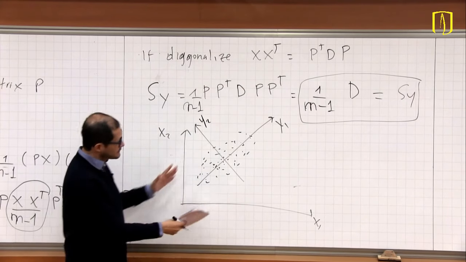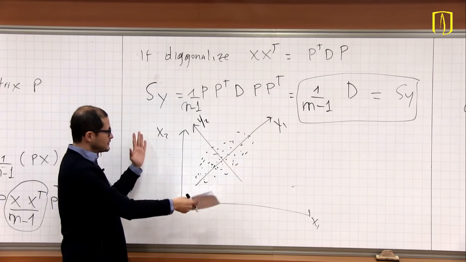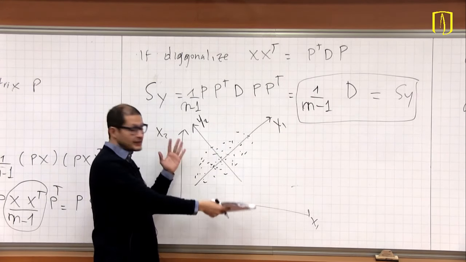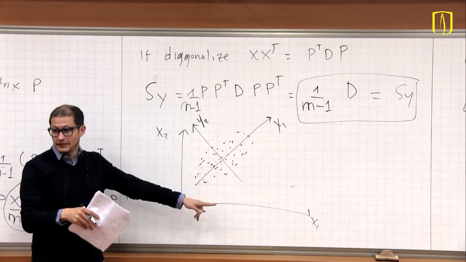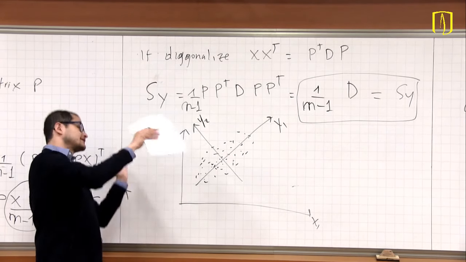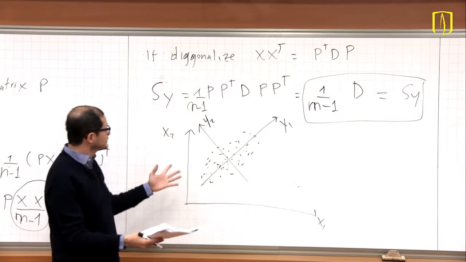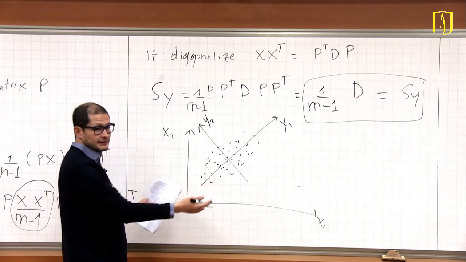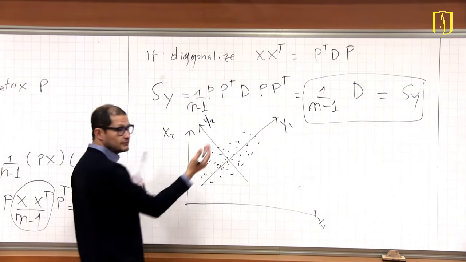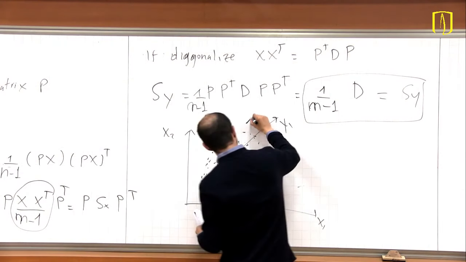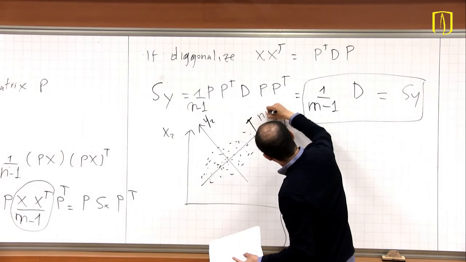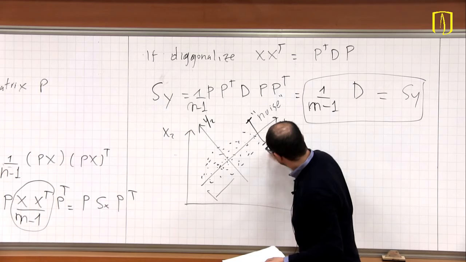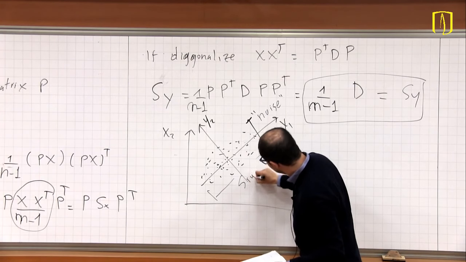I tried to draw a data set in which there is some correlation between x1 and x2, but now we rotate this frame of reference to axes y1 and y2, such that the data will look more uncorrelated. This you can think of as the noise, quote unquote, and this is the quote unquote signal.